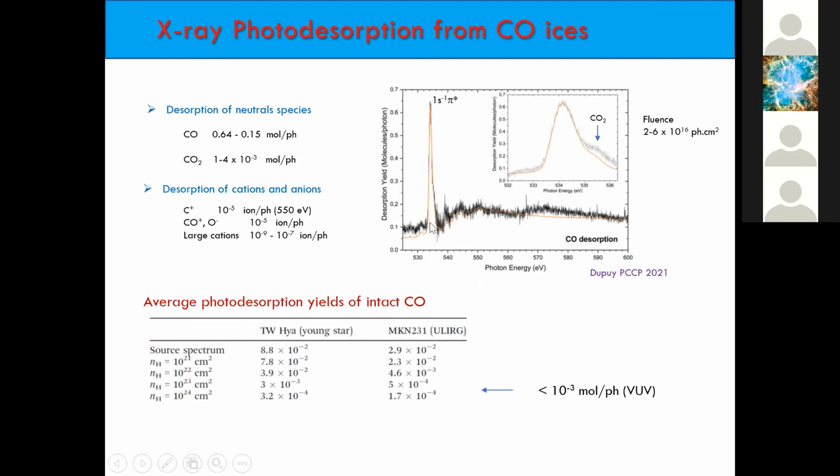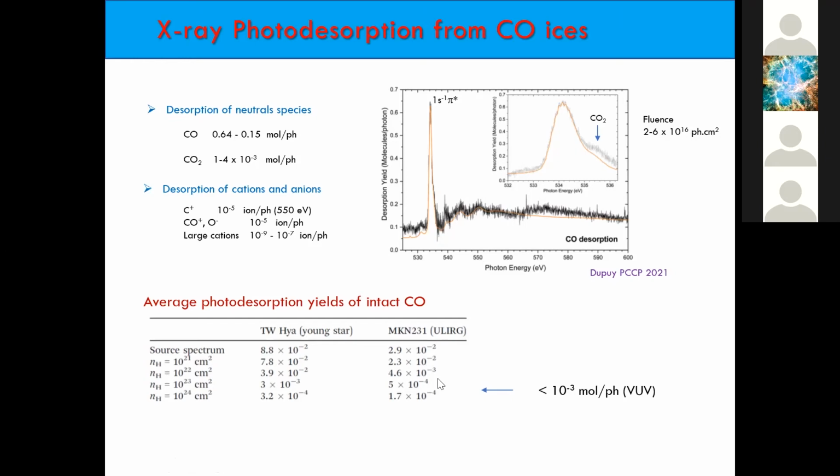So if we do the same job, we can extract some effective yields for a young star here, and we can compare to another type of excitation, which could be here representative of a background X-ray field. And you see that we are able to have very high desorption flux.